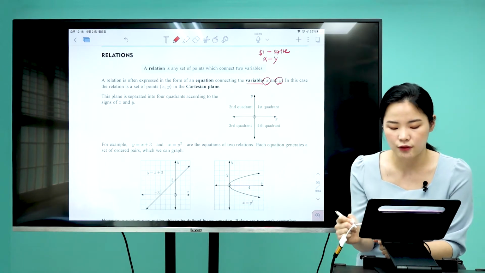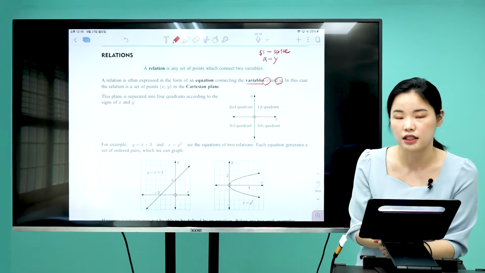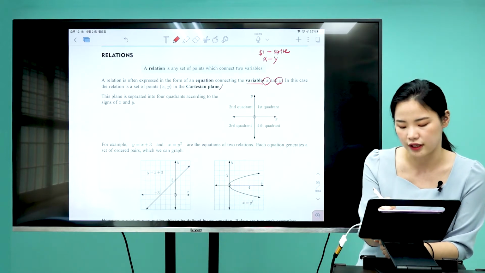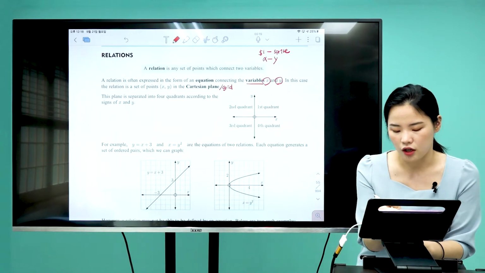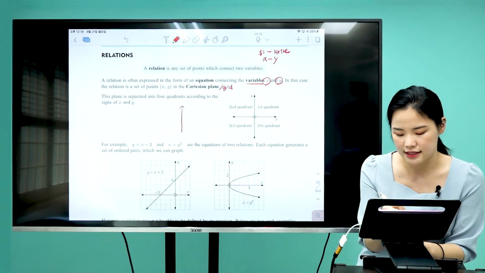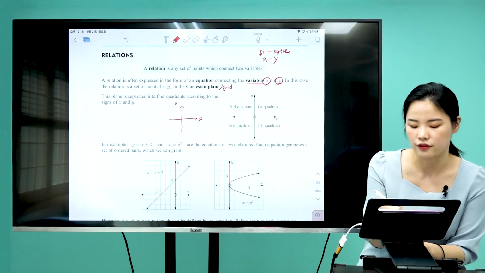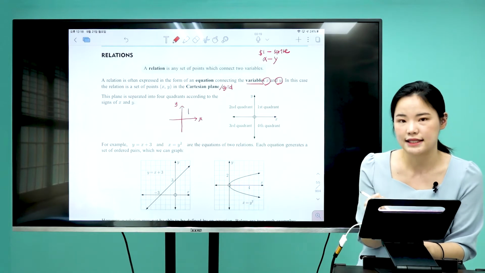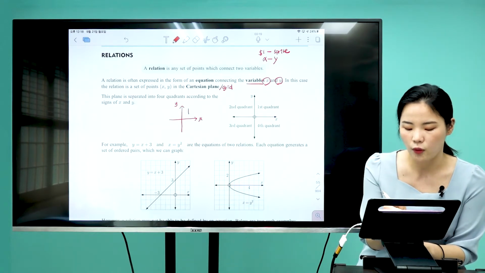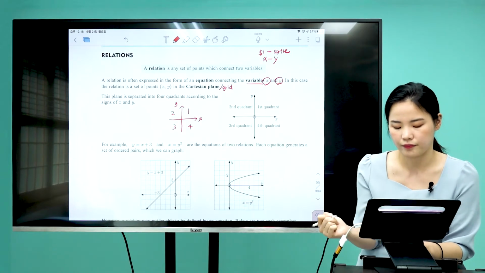In this case, the relation is a set of points (x, y) in the Cartesian plane or Cartesian grid. We know how to draw x and y, x on the horizontal line and y on the vertical line. We count first from the top right and go anti-clockwise: 2, 3, 4.